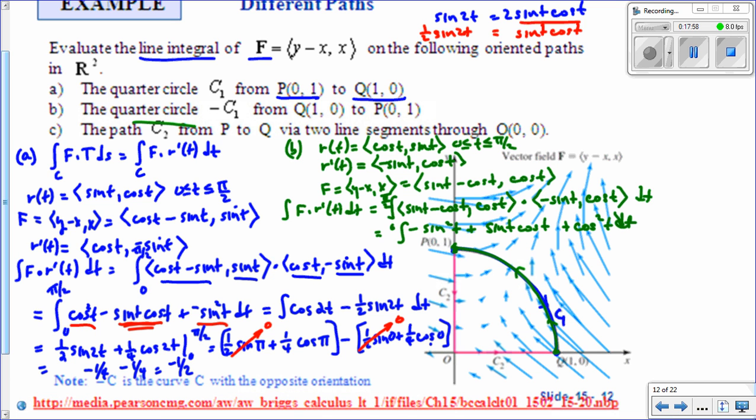And then dt. Now again, we've got this trig identity. We've got cosine squared minus sine squared, so those together make cosine of the double angle. And again, I have sine t cosine t, which is 1/2 sine of 2t. Cosine 2t will have integral of 1/2 sine 2t, and then plus 1/4, negative 1/4 cosine 2t.